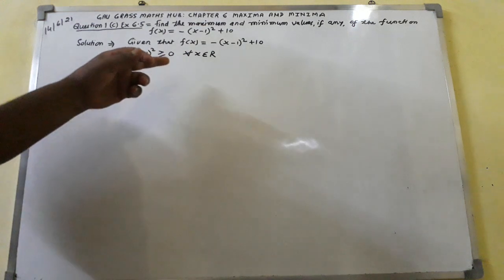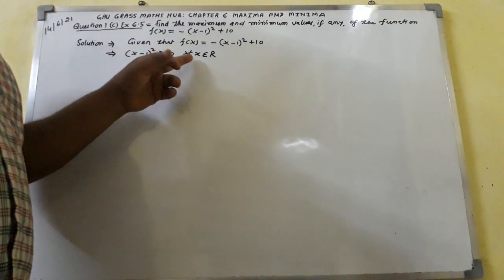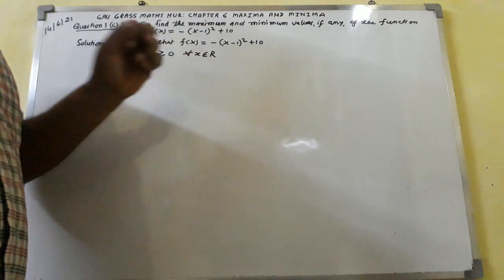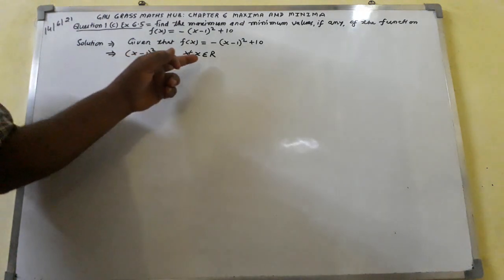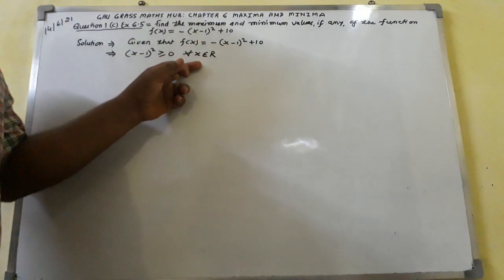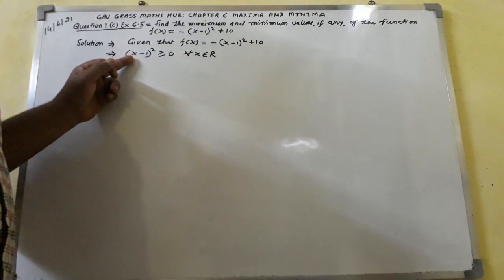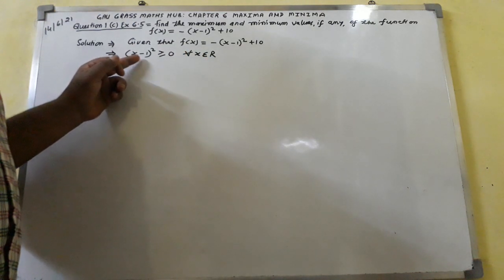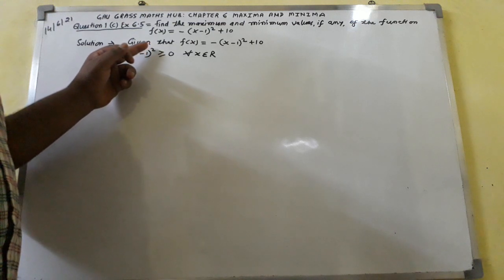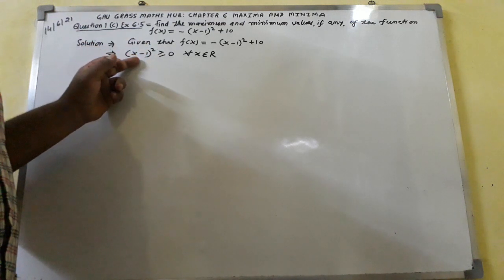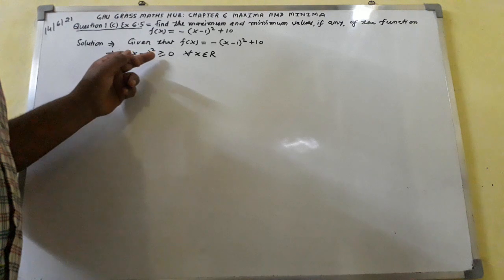This means that the value of x I take from the set of real numbers. Any value of x taken from the set of real numbers I put here, you will always get a perfect square. The perfect square will be greater than or equal to 0.